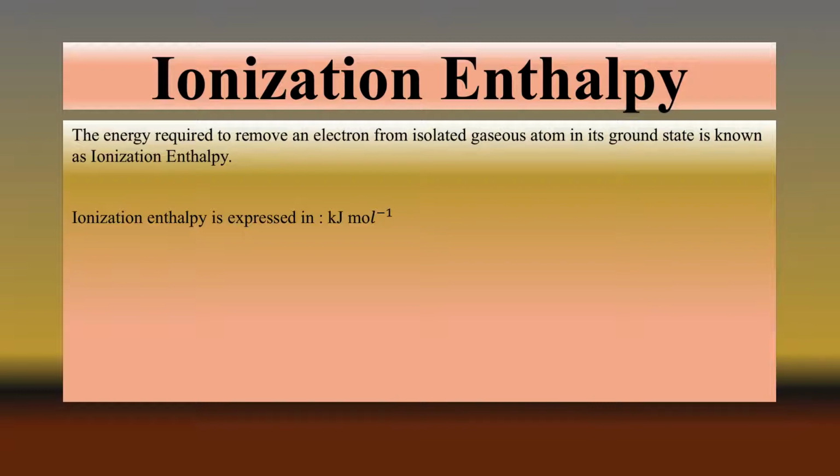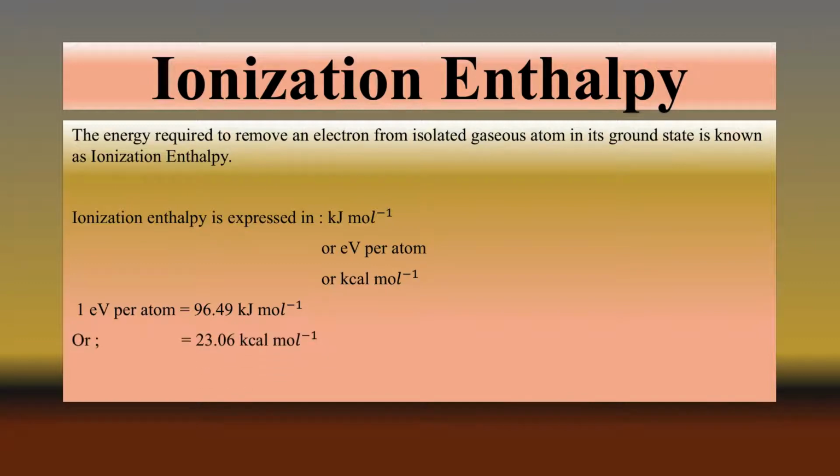Sometimes its value is also expressed as electron volt per atom or kilocalorie per mole. 1 electron volt per atom is equal to 96.49 kilojoule per mole, and also equal to 23.06 kilocalorie per mole, and 1 kilocalorie per mole is equal to 4.18 joule per mole.